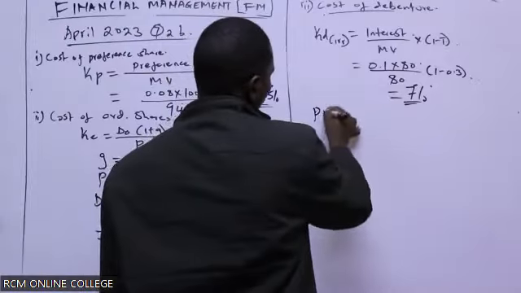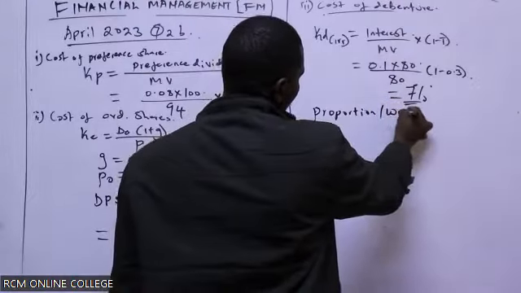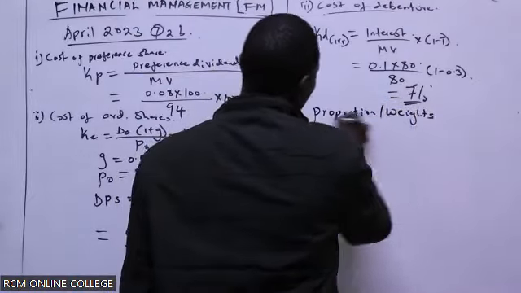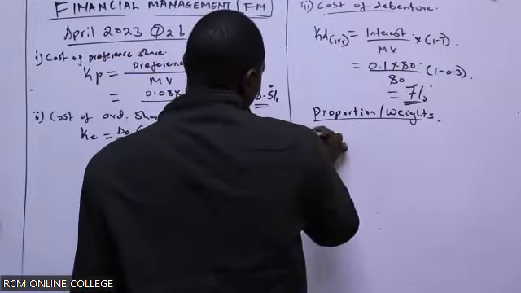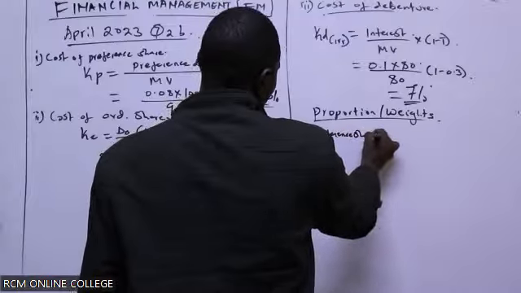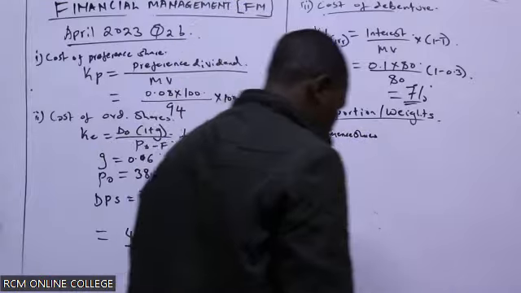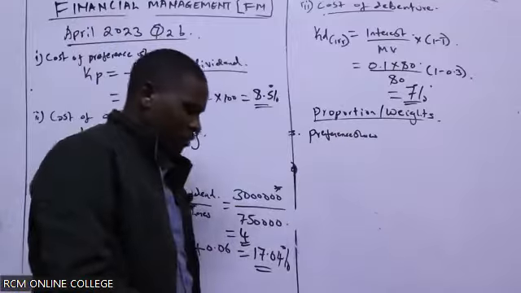So let's get the proportion or weight. So tunaweza anza tu na yenye tuko nayo hapa juu, cost of KP, preference share. Preference shares. Value ya preference share ni ngapi?